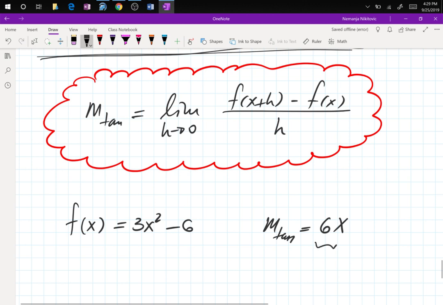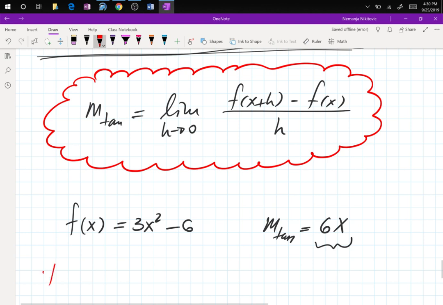This particular function has a special name. We know that this over here is just a function. That's f of x. This one has a special name. The function which generates all of the slopes has a special name, and that special name is the derivative. Yes.